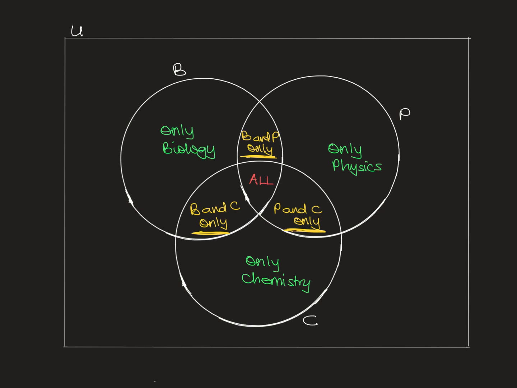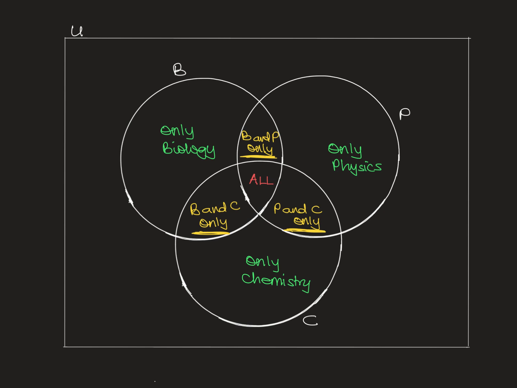Again, on a three-set Venn diagram, we're going to have different regions. The center here will be for all the students studying the three subjects: biology, physics, and chemistry.